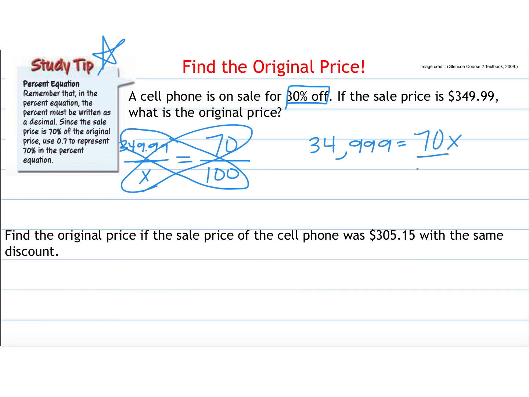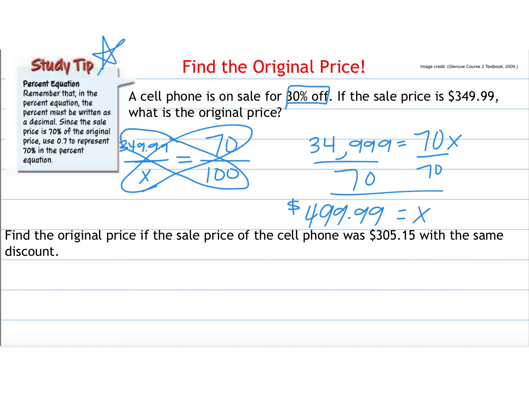To solve this, then we're going to divide both sides by 70 and see what x equals. So when I do that, round this to my nearest hundredth, the 5 makes the 8 round up to a 9, so $499.99, which makes sense. We should end up with something that's higher than our sale price, because the original should be more.